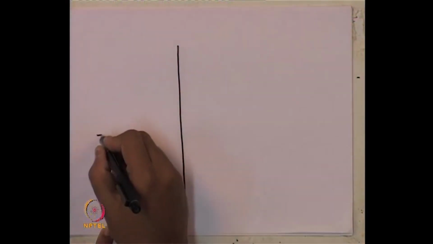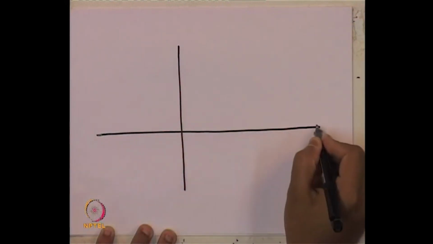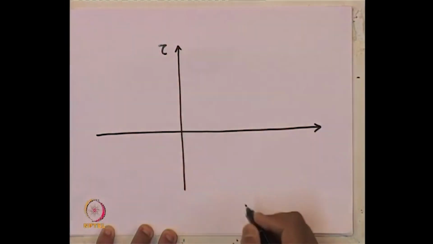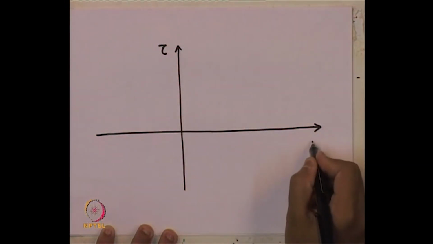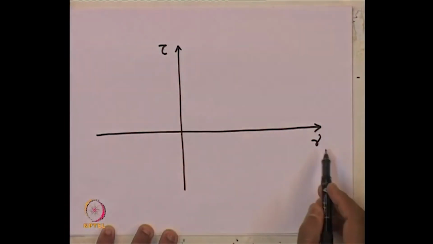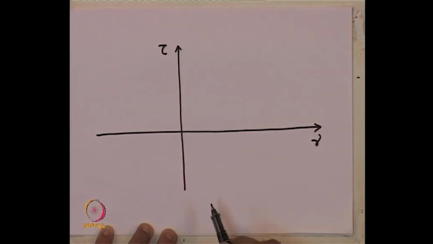What finally we can get as the result, let us draw here. The output which we are getting from the test is shear stress versus shear strain. So, tau is shear stress and gamma is shear strain.